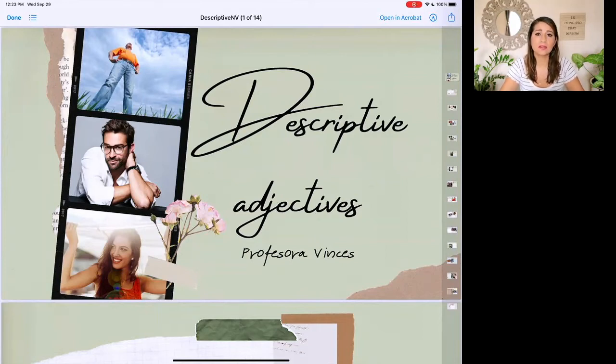All of those words are what we would call descriptive adjectives. These are words that describe nouns. And what are nouns? Persons, places, and things.